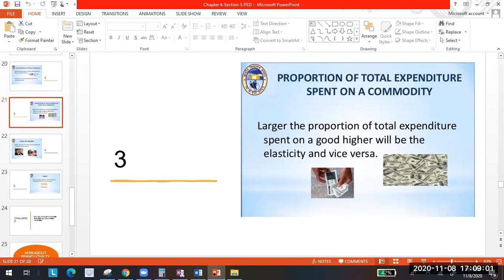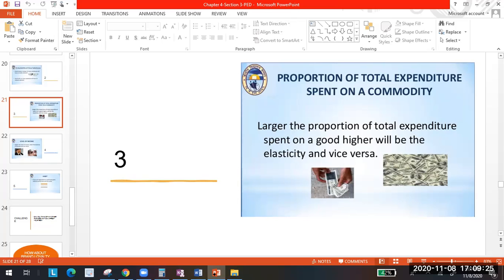Does that mean the higher the portion of your expenditure spent on a good, the more elastic it will be, and vice versa? That means if you are getting more income, you will expend that income. If your income is more, obviously your expenditure will increase.